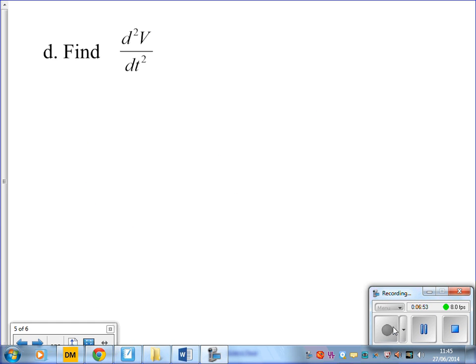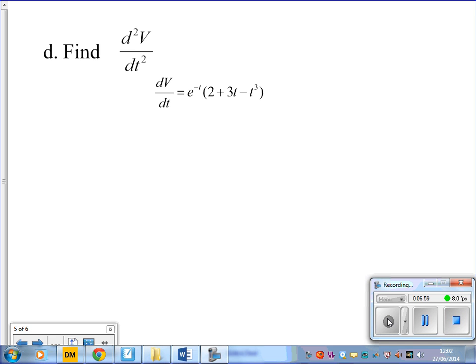To find the second derivative, we need to use dv dt from the previous part. Using the product rule, u will differentiate to minus e to the minus t. My v part here will differentiate to 3 minus 3t squared.